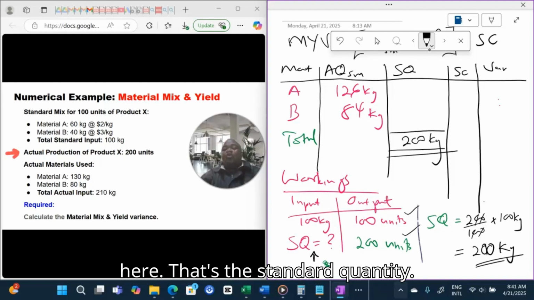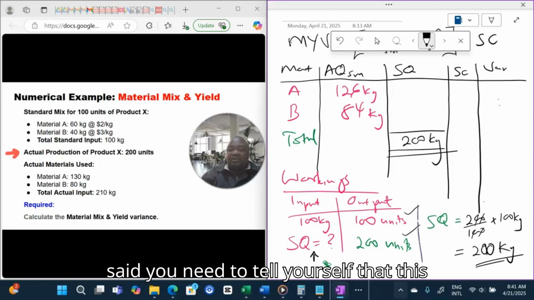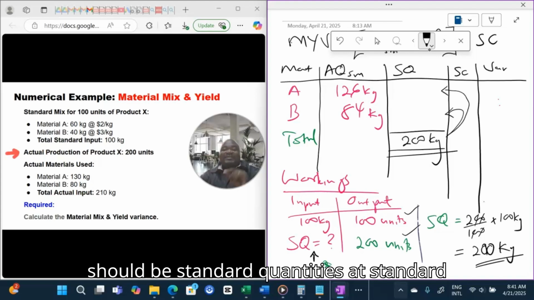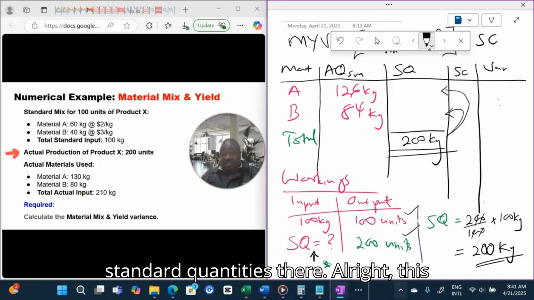That's the standard quantity. But what about the mix? You need to tell yourself that this SQ column should be standard quantities at standard mix. You might know the standard quantities there.